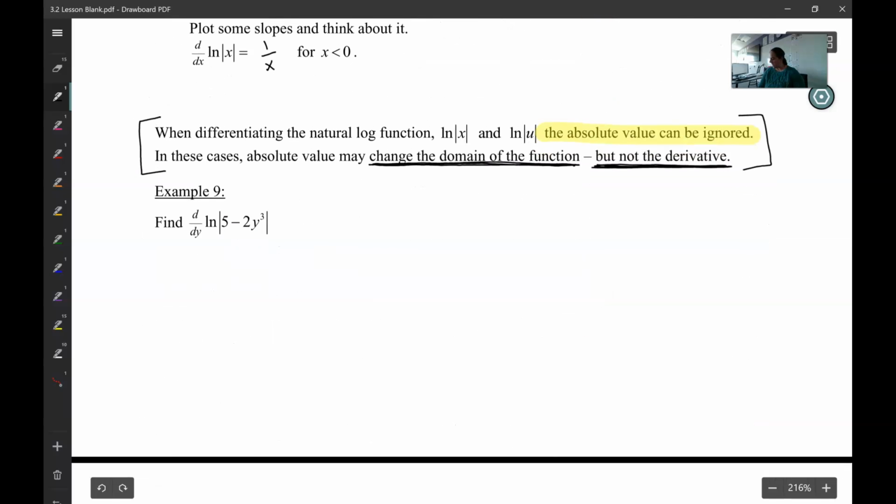So that means I can now do example number 9, where this is a chain rule, mama and baby. So I can take the derivative of the mama times the derivative of the baby, and then put my baby back in.